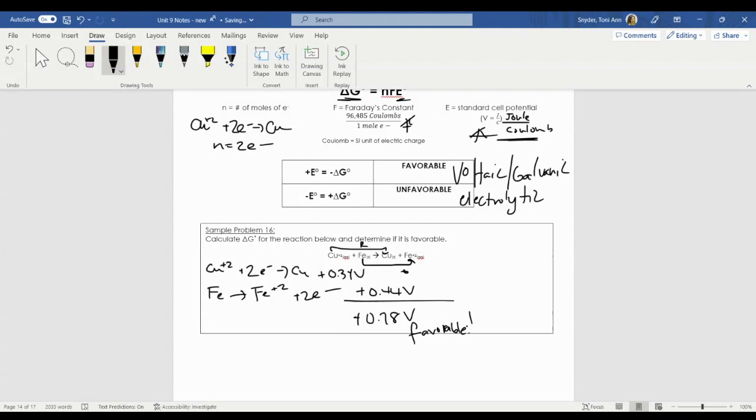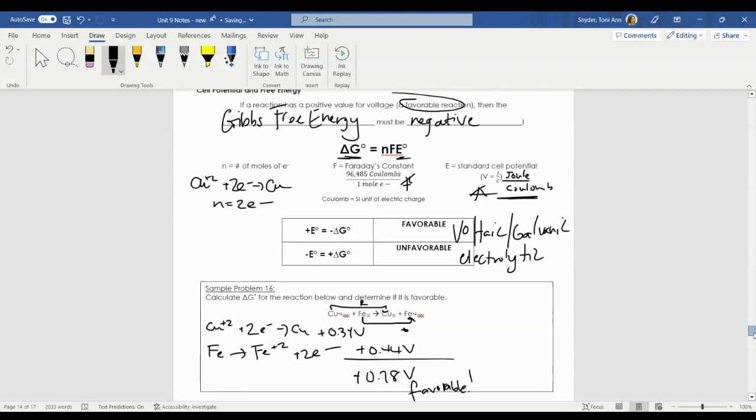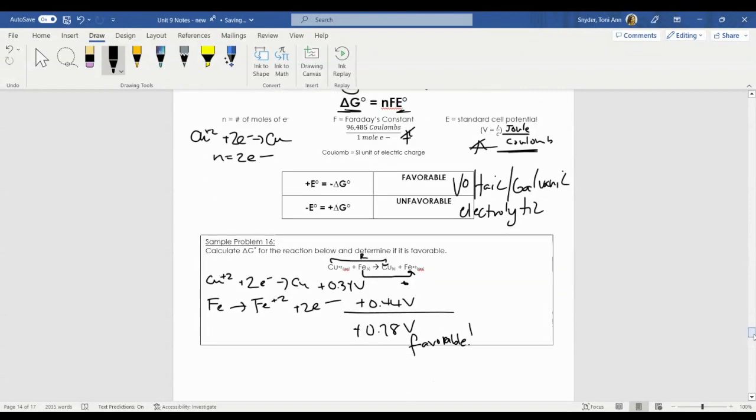So if I look at my equation up here, the relationship between Gibbs free energy and the cell potential, because this is the cell potential, this value we just calculated, delta G is equal to n. n is the number of electrons, and in this process, we are transferring 2 electrons.